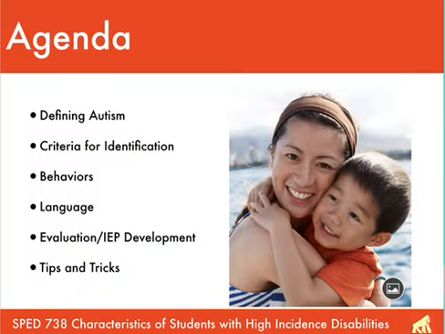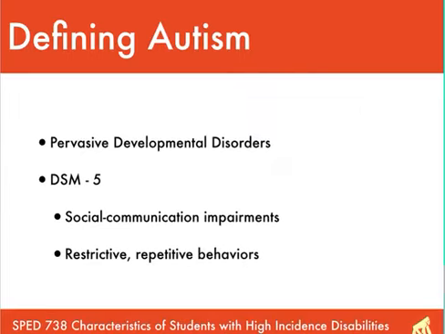But for today, we want to get back to really looking at what autism is. And autism is defined in the DSM-5, which is the Diagnostic and Statistical Manual of Mental Disorders, 5th edition. Okay, that's a long title. But it's developed by the American Psychiatric Association, and most students that you will come in contact with that are identified as autistic were initially identified by a physician, typically during their early childhood years.